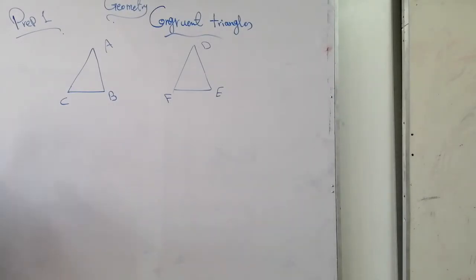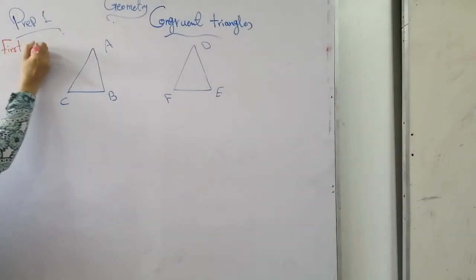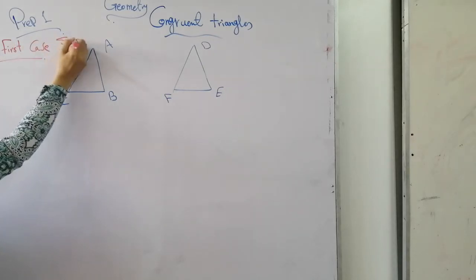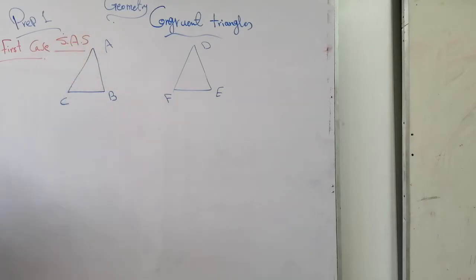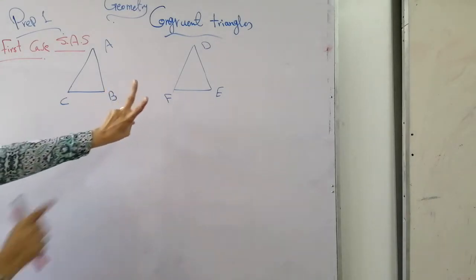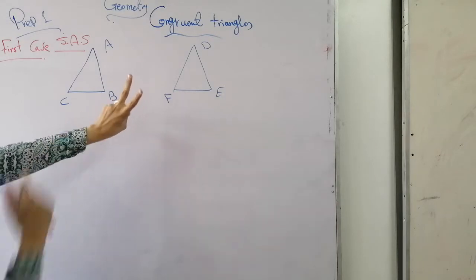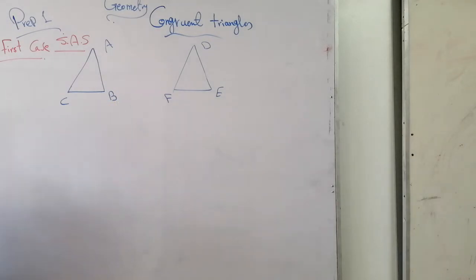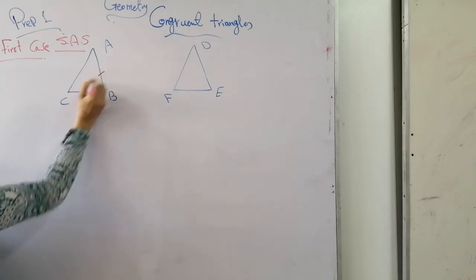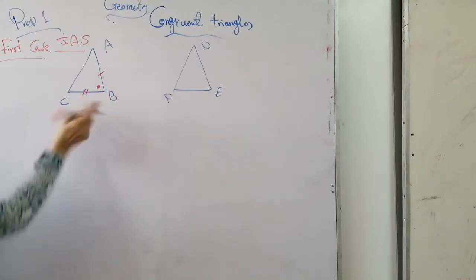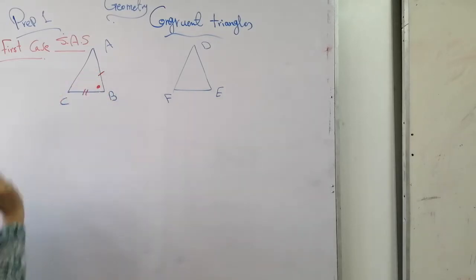Our first case is talking about side, angle, side. What does that mean? It means 2 sides and the included angle between them. Let's say AB, BC, and angle B. Angle B is between these 2 sides.